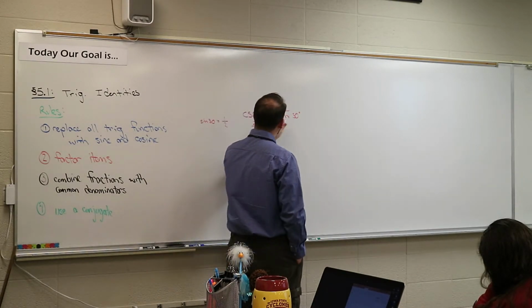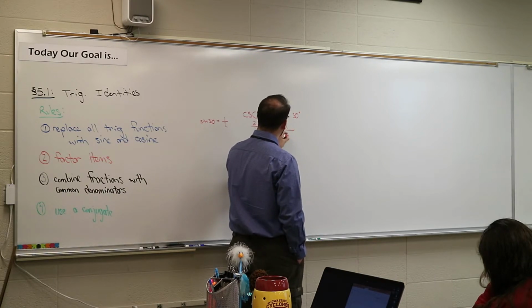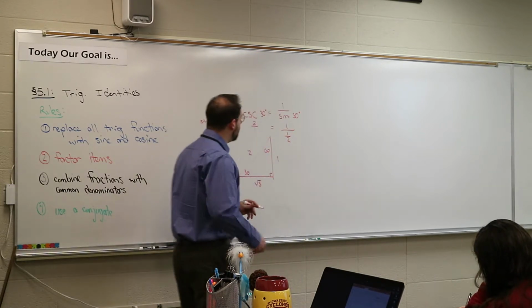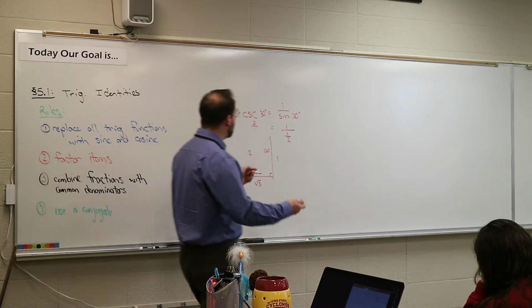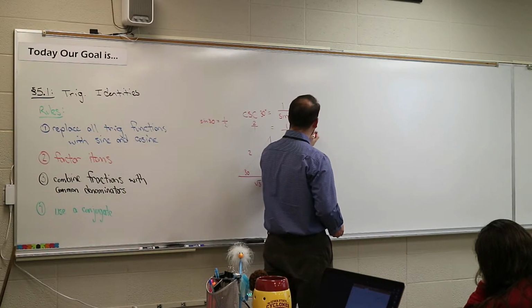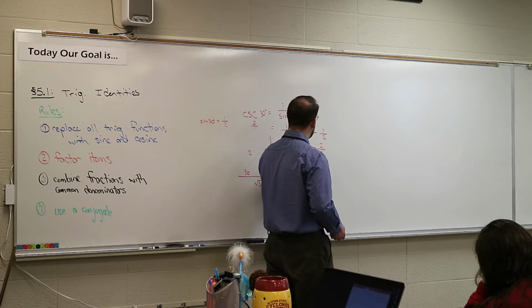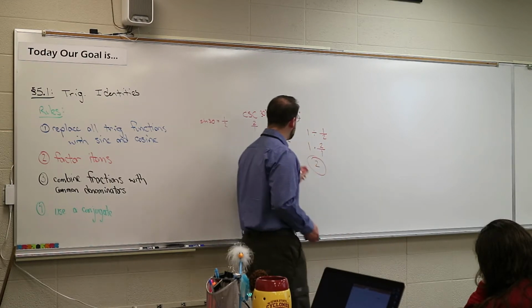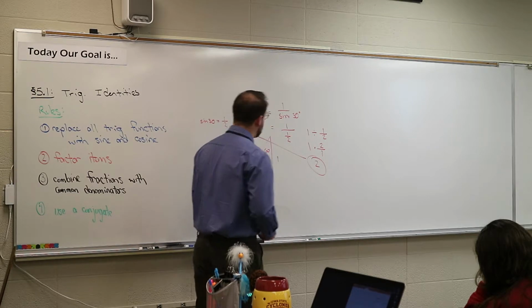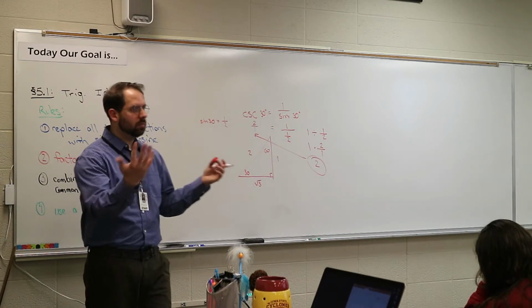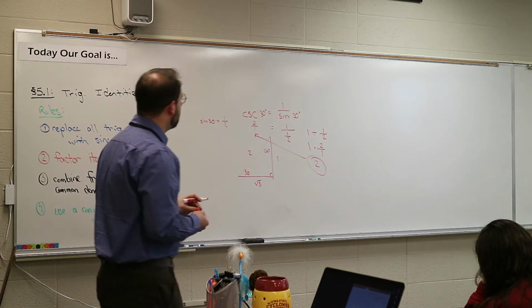Well, sine of 30 is 1/2, so it's 1 divided by half. And then you do that whole reciprocal idea, because it's 1 divided by half, where you'd flip it over, and you'd multiply it, and you get 2. So it does give you the same answer. It's 2 over 1, which is the final answer. I like that. Okay?